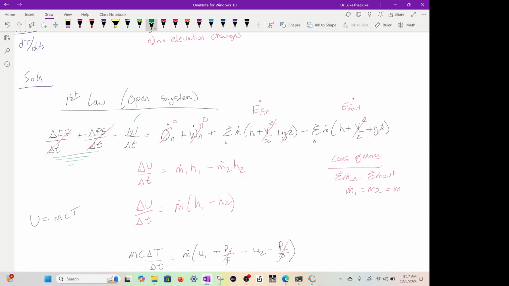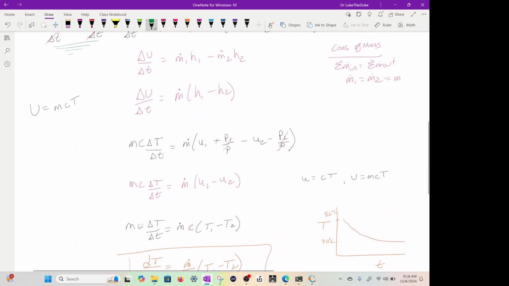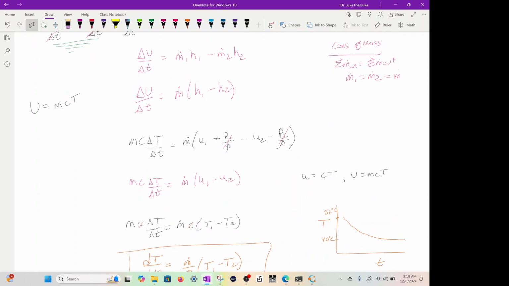Again, left of the equal sign is the system. Right of the equal sign is energy in and out of the boundaries. It's adiabatic, no power. Then we have flow coming in and flow going out. We canceled a bunch of things. We used conservation of mass. We also plugged in some other known equations for U.